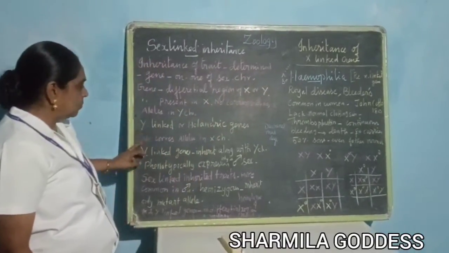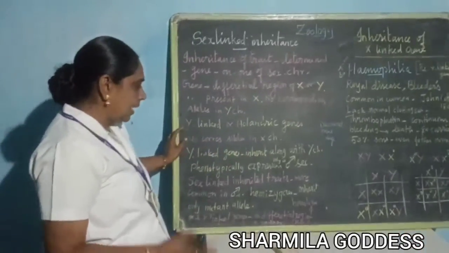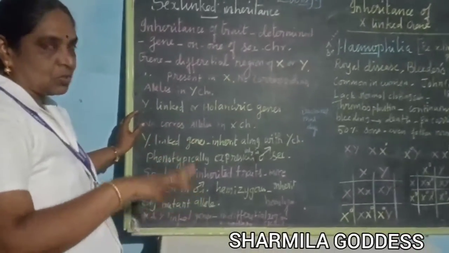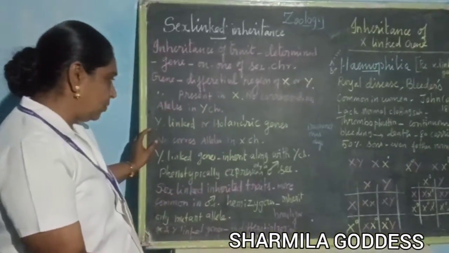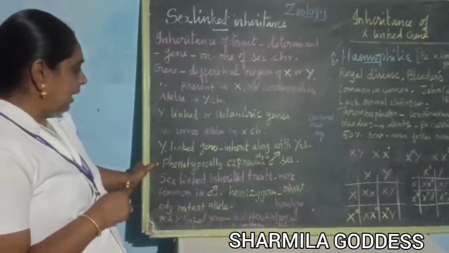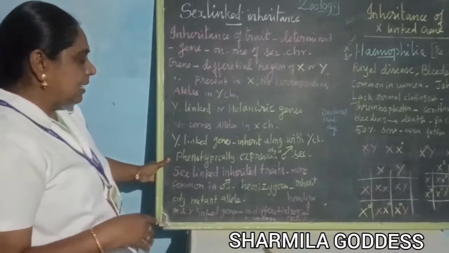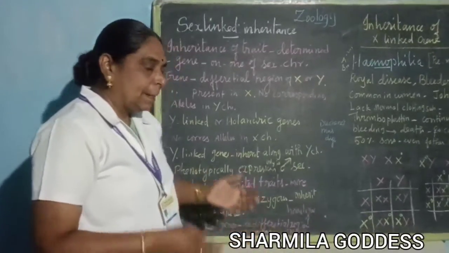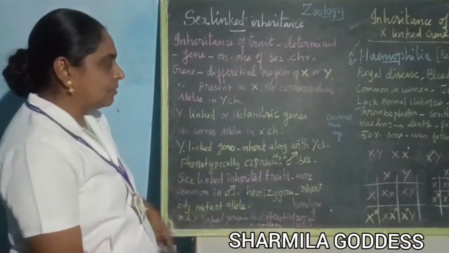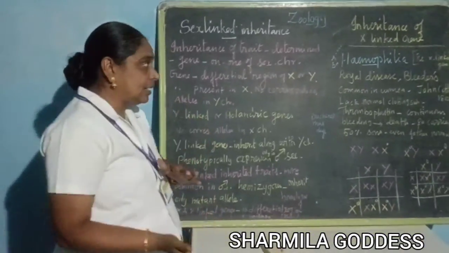Y-linked genes have no corresponding allele in the X chromosome, and X-linked genes have no corresponding alleles in the Y chromosome. Y-linked genes are phenotypically expressed only in the male sex. Sex-linked inherited traits are more common in males because they are hemizygous, so they inherit only the mutant allele on the X.